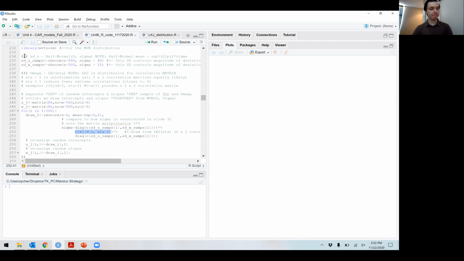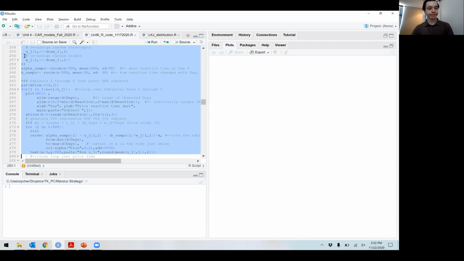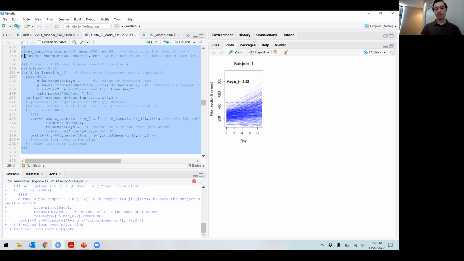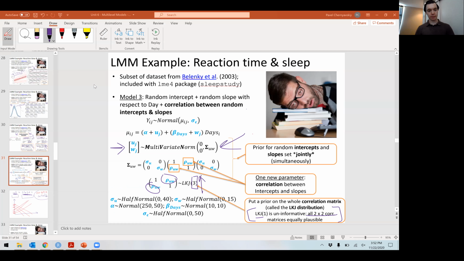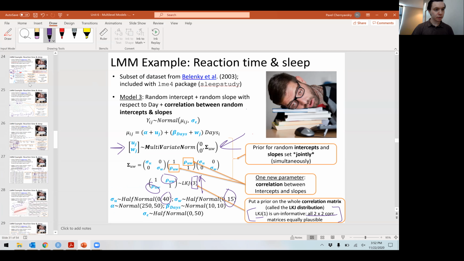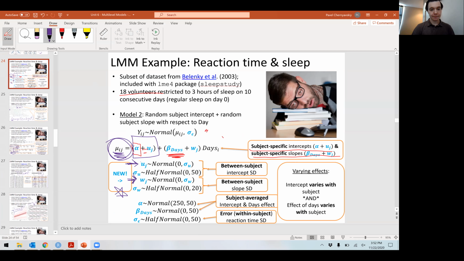All right, from the top. So you will notice that I reduced the prior variability of both sigma U and sigma W. These are now 40 and 15, whereas before they were 50 and 20. Why?